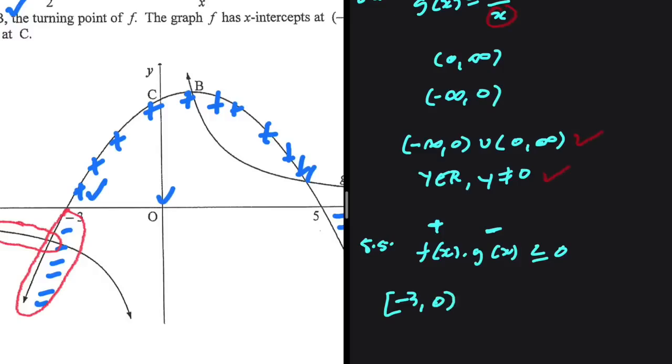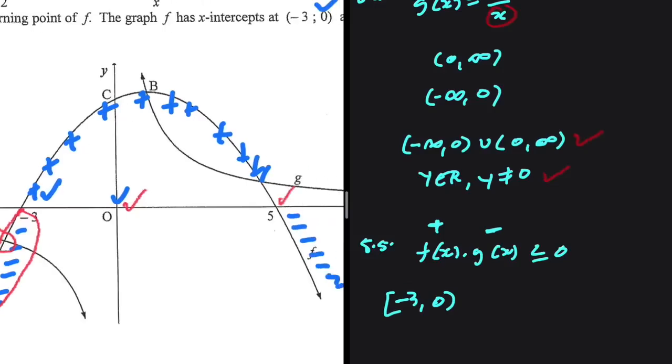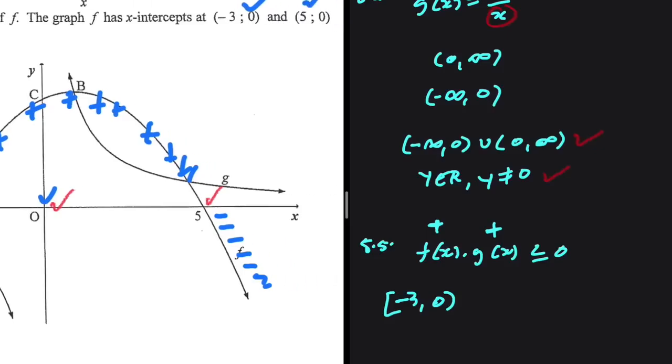Now let's look at 0 and 5. Between 0 and 5, f of x is positive, as you can clearly see, but g of x is also positive. So that cannot be part of our solution. If we multiply those two functions between 0 and 5, our answer is going to be greater than 0, and that's not what we're interested in.